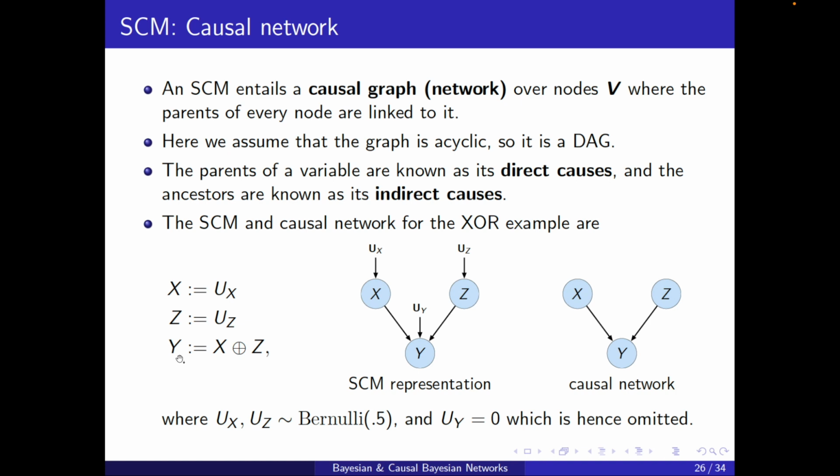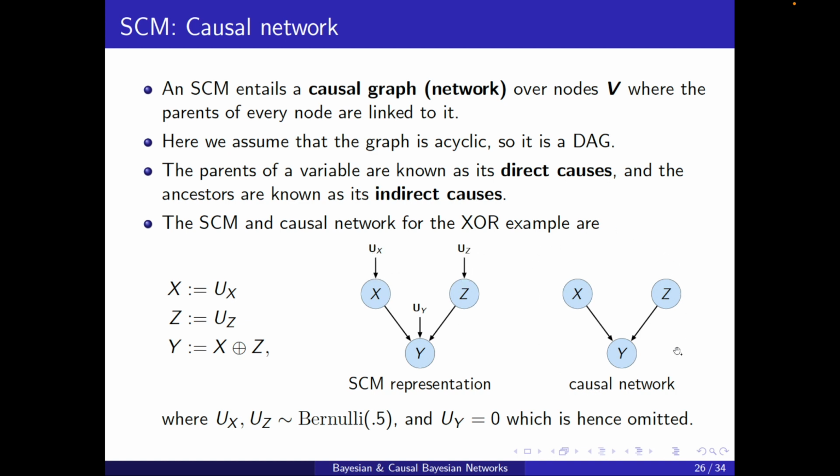Everything is clear, like how Y exactly depends on X and Z. Note that once I know the value of X and the value of Z, the value of Y here is exactly determined. Now the causal network that we define here is basically the same. For each variable like Y here, I will link its parents X and Z to Y. It's also represented here, just that I wouldn't include these exogenous variables.